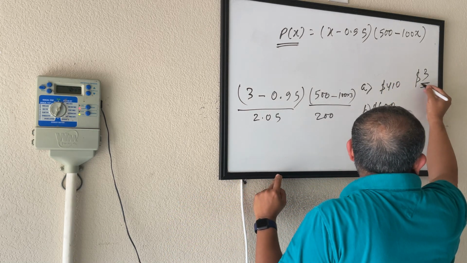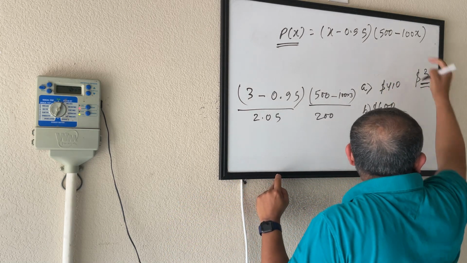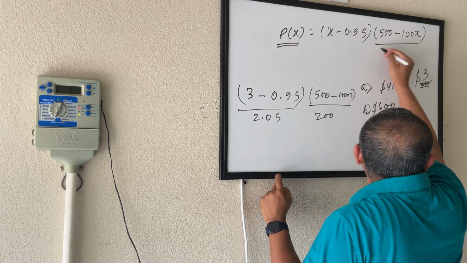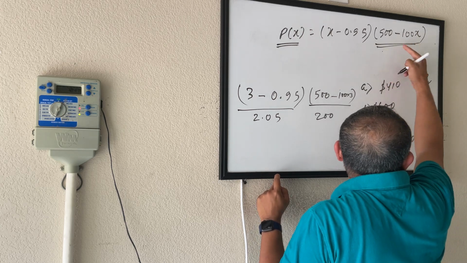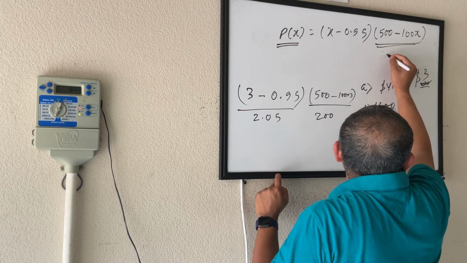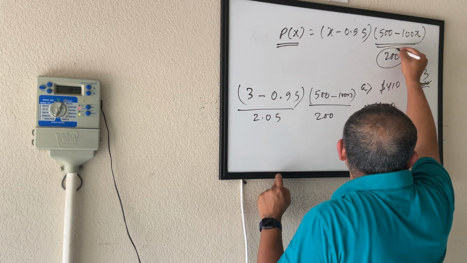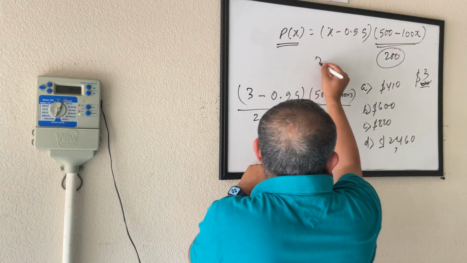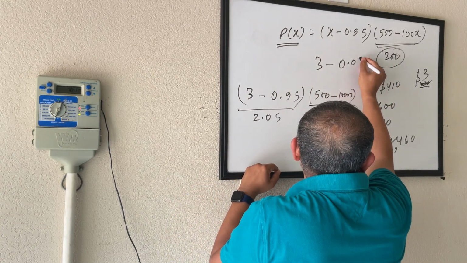When you are putting 3 in place of x, meaning the price of each taco is $3, as soon as you put that here, this whole thing becomes 500 minus 100 into 3, which is 300. So 500 minus 300 is 200. Now you have 200 as one of the factors, and then you have here 3 minus 0.95.